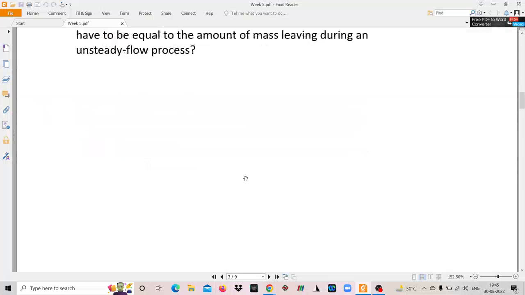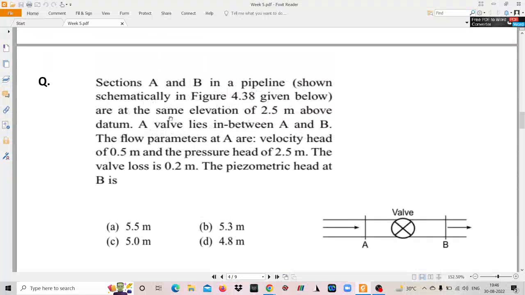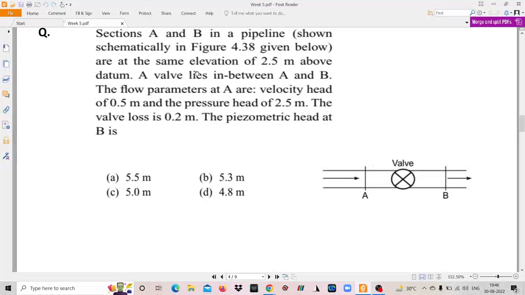Okay, fine. Let's now move to the next problem, which is problem 3. Section A and B in the pipeline. There are two sections, section A and section B, shown schematically in this figure, at the same elevation, so their datum heads ZA and ZB are the same, at 2.5 meter above the datum.